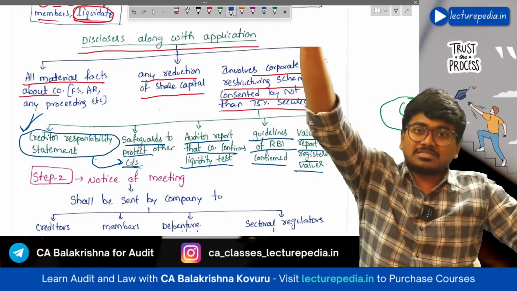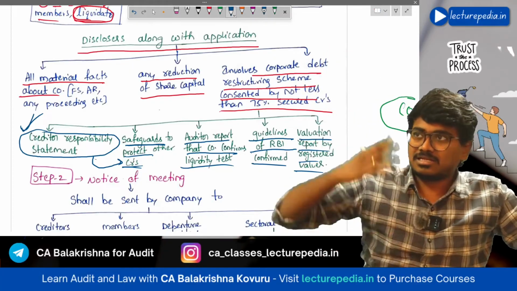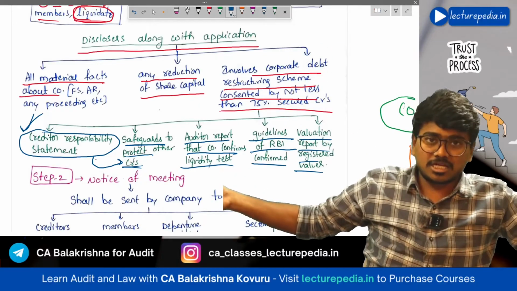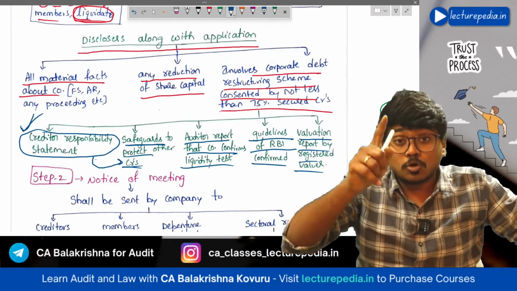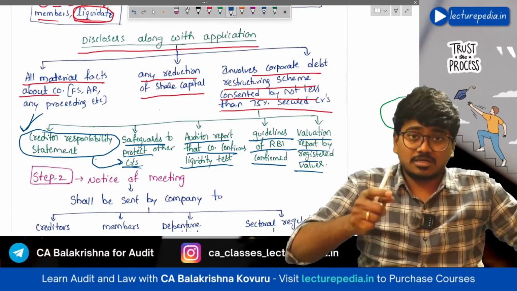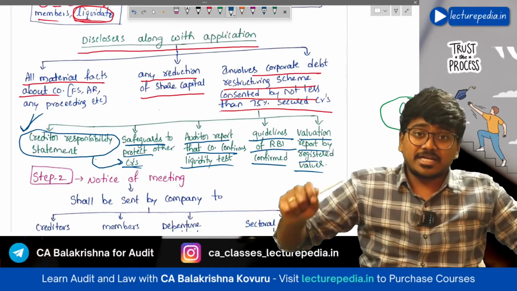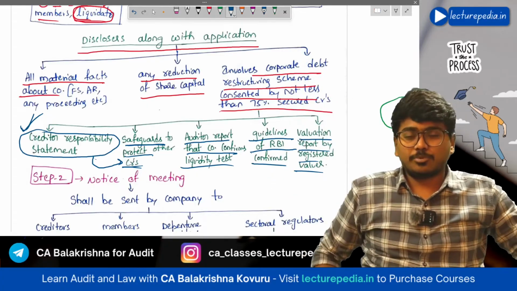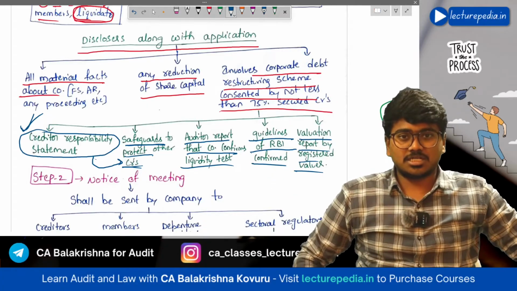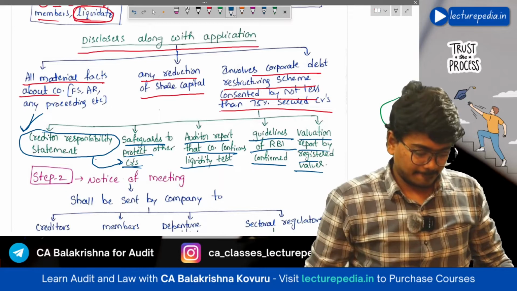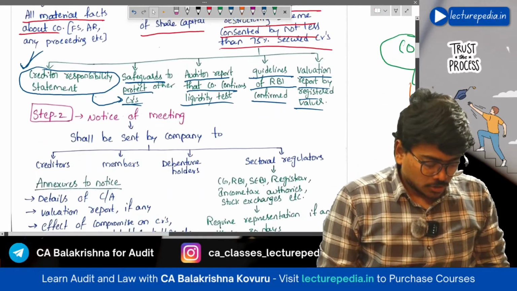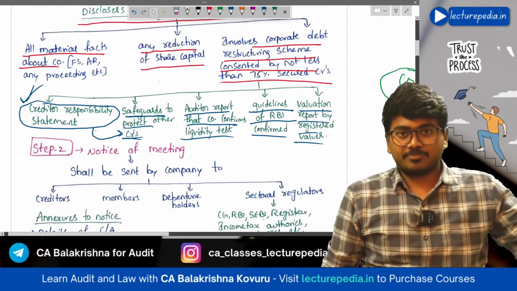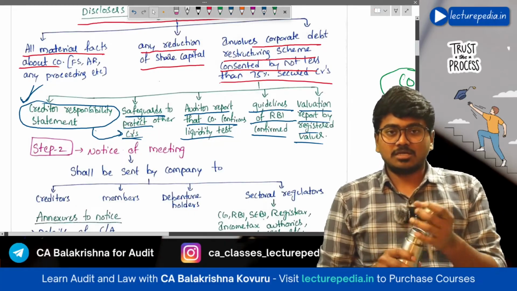Because the company has 1,000 crores of assets, it can sell off some of its assets and repay the creditors, right? So to check this aspect, creditors will also ask for this valuation report of the company's assets from a registered valuer. Hope that is clear. So that is the first step, which involves application to the tribunal.